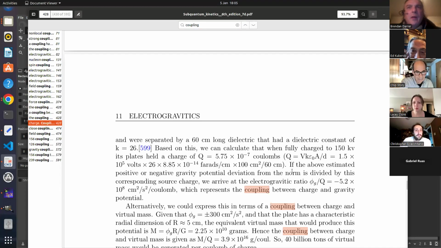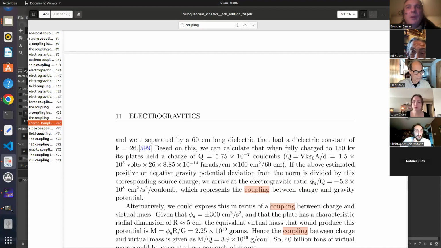If the above estimated positive or negative gravity potential deviation from the norm is divided by this corresponding source charge, we arrive at the electrogravitic ratio G. G is gravitational potential in subquantum kinetics, measured as potential concentration.